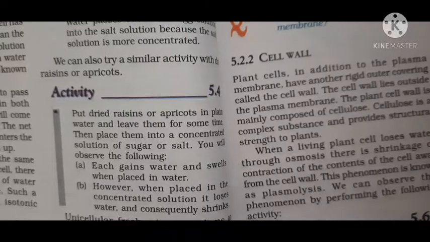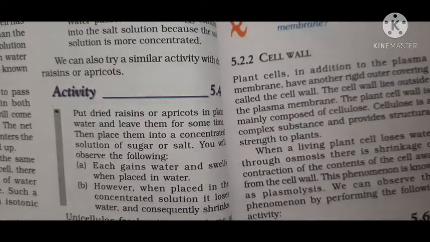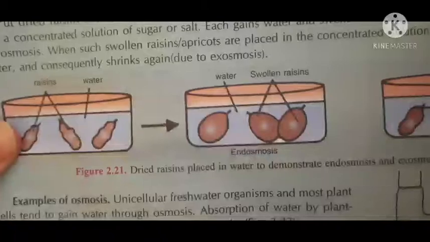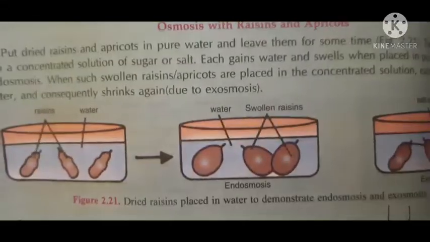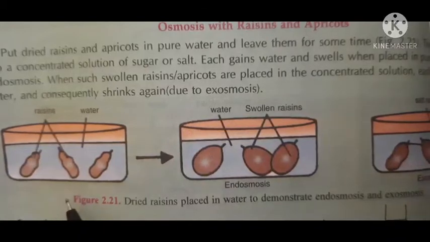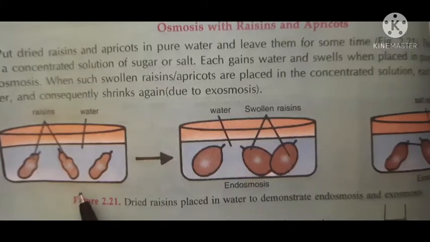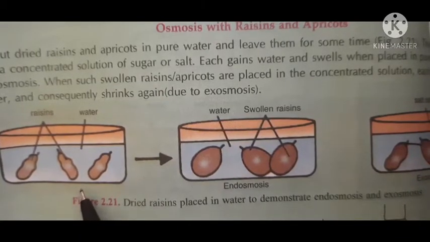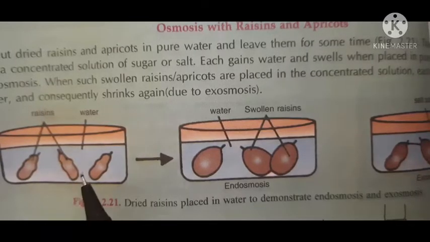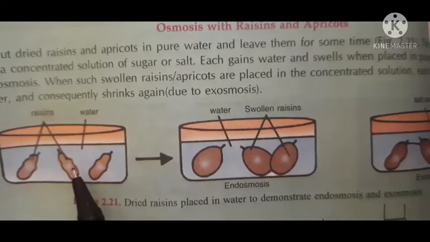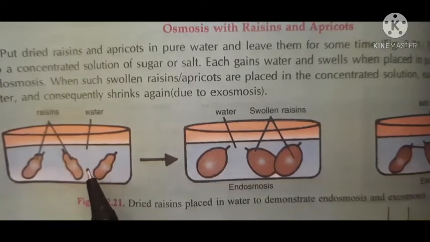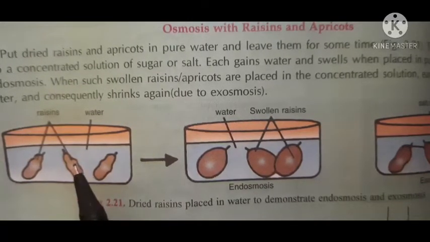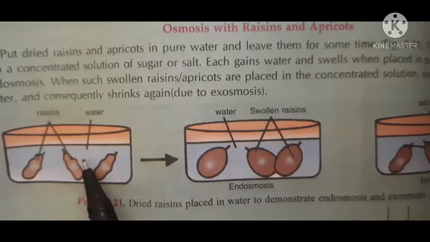Now here again I will show you the diagram from another book. This is an Asian book. You can see these are the raisins, and this is plain water, only water. When you place these raisins in water, you can do this at home also, what will happen?